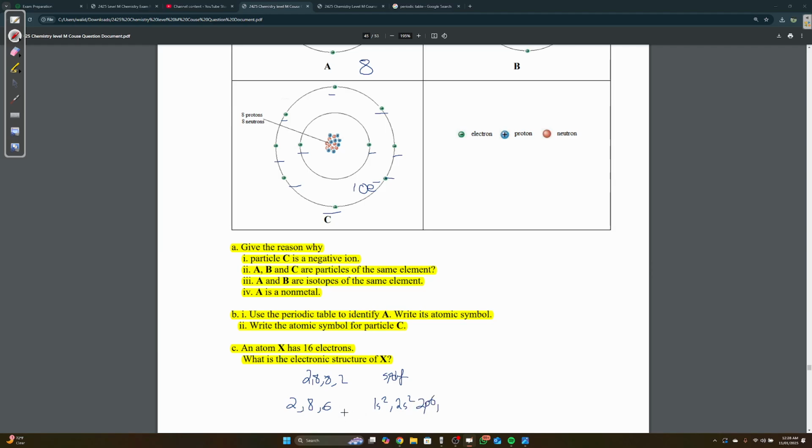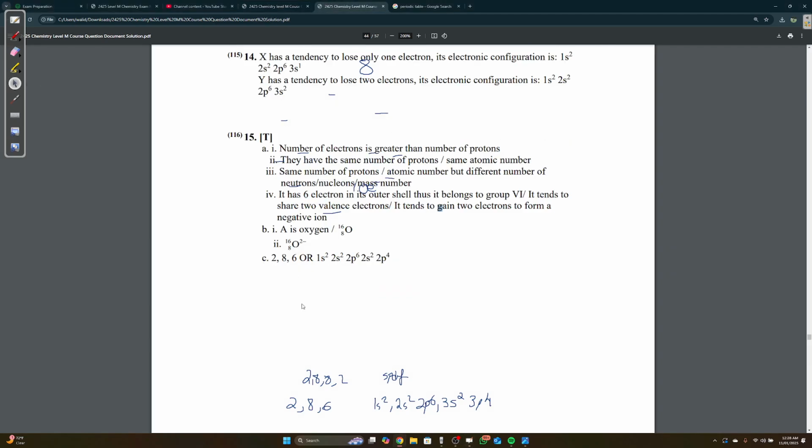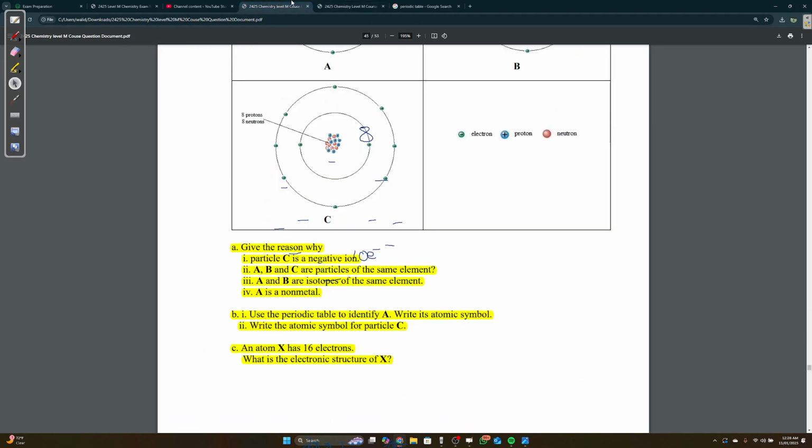We're left with 6. Always open the third shell with 3s. How many does s take? 2. 6 minus 2 is 4. So there are 4 electrons left now, so p will take 4. Like this, 2, 8, 6. These should be 3s. Of course, it's wrong. Okay, like this, we're done.